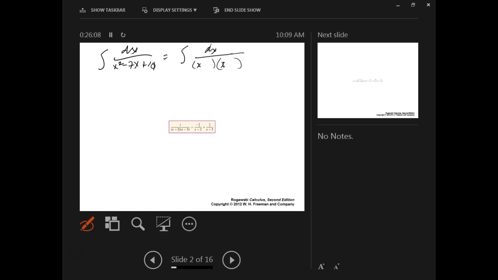It's positive, which means these two signs have to be the same. Okay? So look at the middle sign here. So they both have to be negative. Okay? And then we want two numbers that multiply to be 10 and add to be negative 7. 5 and 2. Okay. That wasn't too bad, was it?